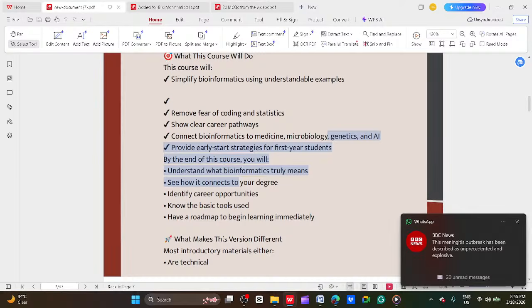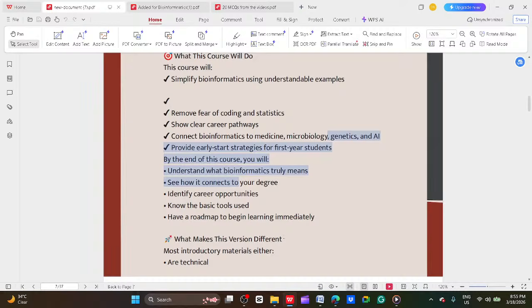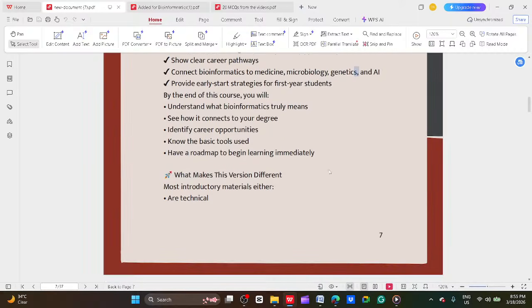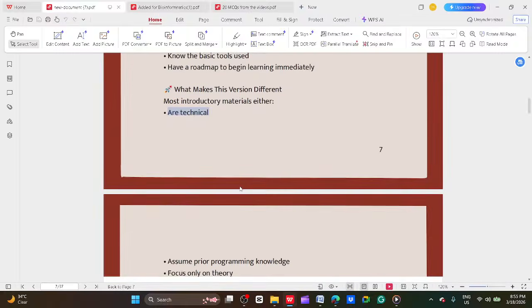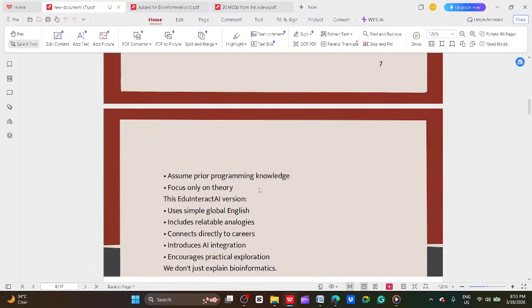So that is that. Then what makes this lecture note so different is that, number one, most of the introductory materials are not too technical. Every course has its own language, its own technicality, but these materials are not technical. Then they assume no prior programming knowledge.